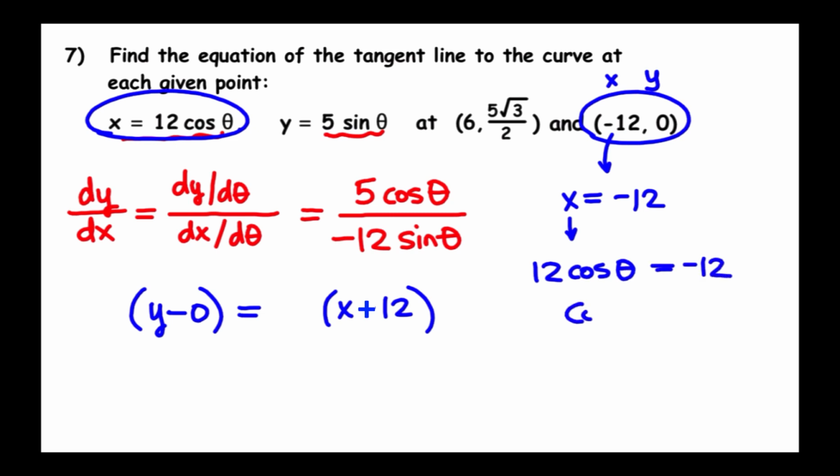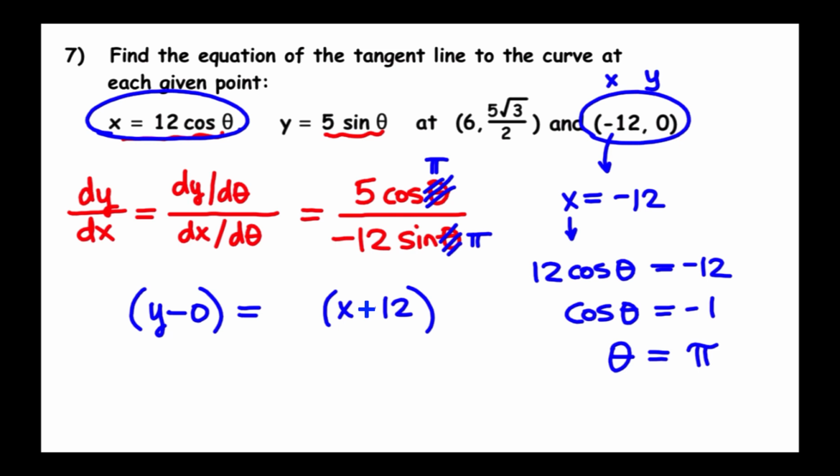Divide both sides by 12, you get cosine of theta equals negative 1. Cosine of what is negative 1? Well, of course, that's going to be 180 degrees or pi. I think I'll stick in radians. Okay, so theta is pi. So I pop that pi back in for the angles so I can get my slope. 5 cosine pi.